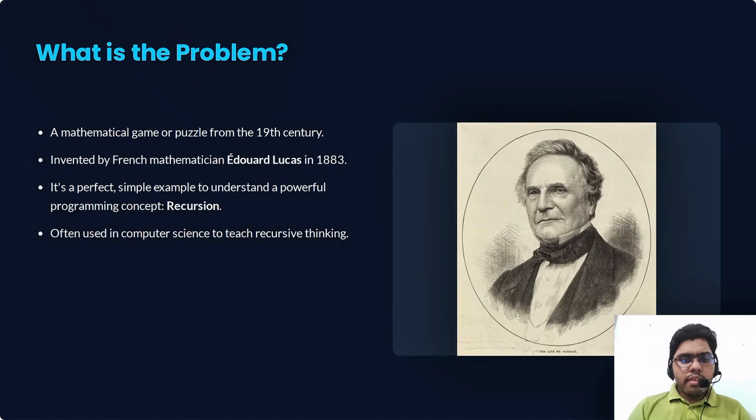Why? Because it is a perfect self-contained example to understand recursion. It is simple to visualize, but its solution teaches you a fundamental way of thinking that is crucial for programming.